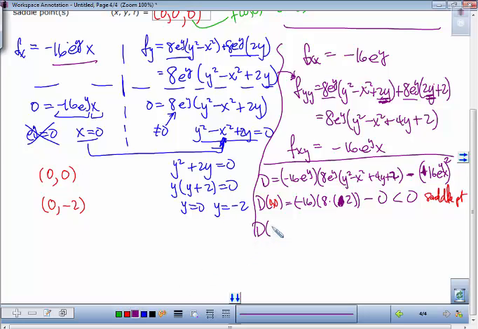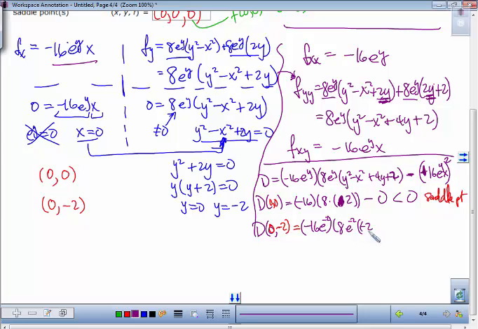We'll put 0 in for x and negative 2 in for y. So 0 in for x, negative 2 in for y. We got negative 16 e to the negative 2. We have 8 e to the negative 2. Now I have to do negative 2's multiplied a bunch of places here.